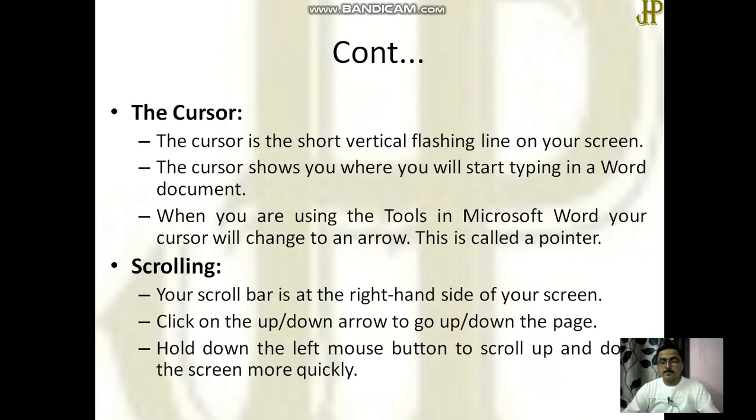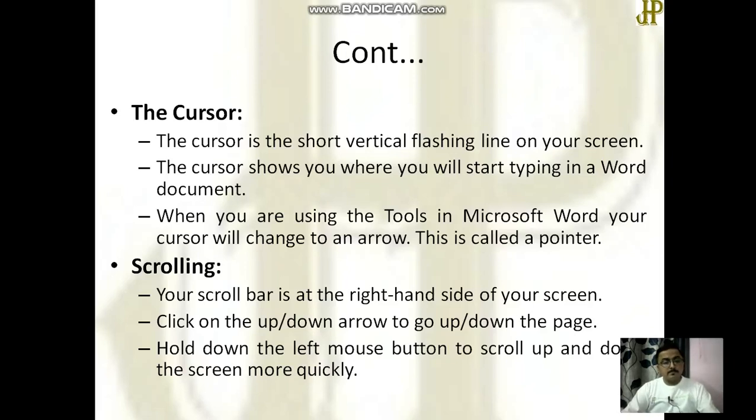The cursor shows you where you will start typing in a Word document. And whenever you move your mouse to a particular tool, that cursor will transform into an arrow, and that arrow is known as the pointer.